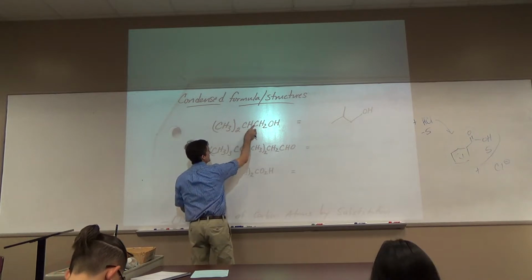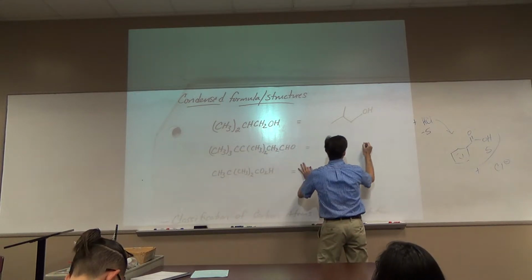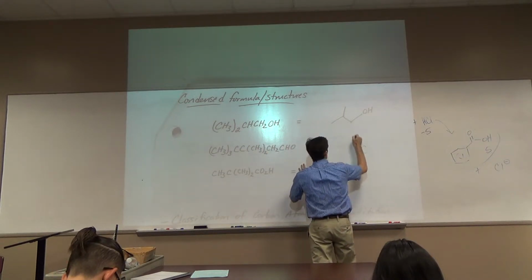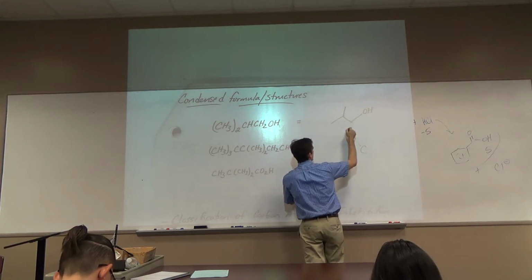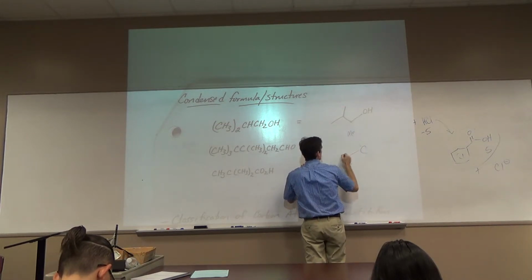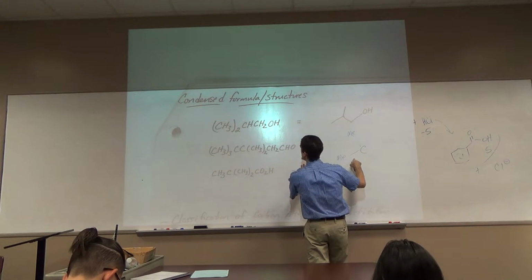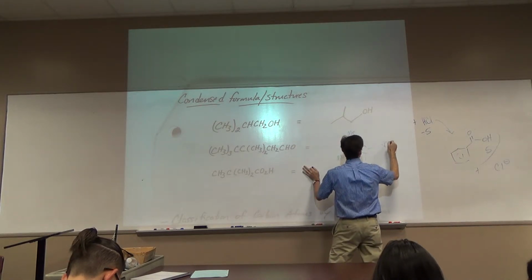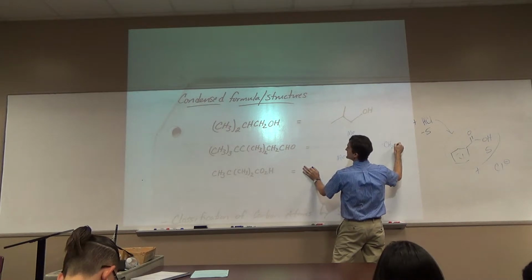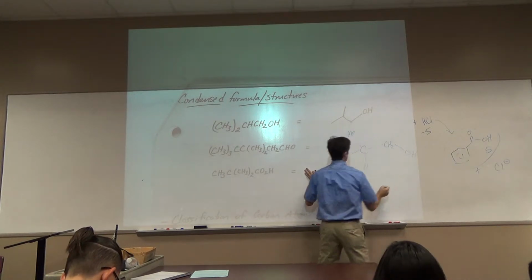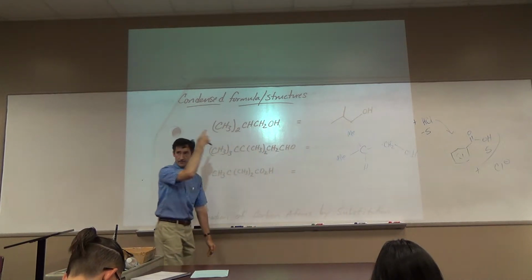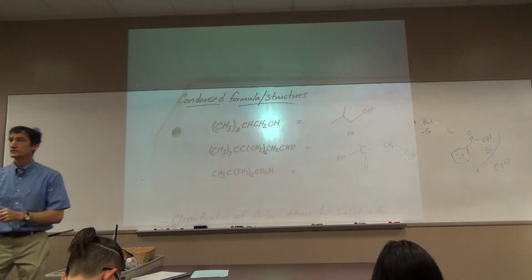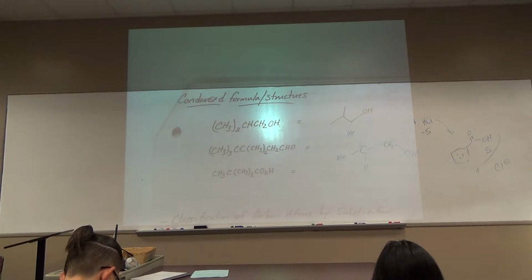So really we've got a carbon with two methyls. A methyl's a CH3, right? Sometimes I often just do carbon with two methyls and an H, and then it's bonded to a CH2, and then that's bonded to what? An OH. That and that above are the same thing, just pure line bond structure.